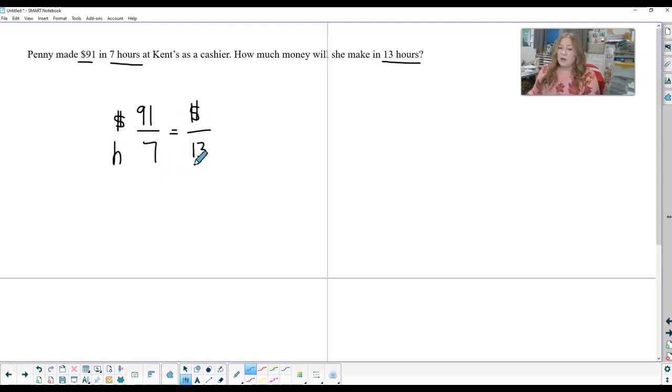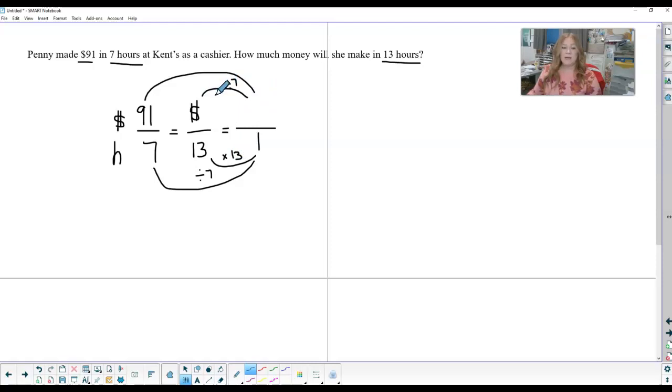So 7 does not go nicely into 13. So I could find the 1. If I know 7 to 1, I can divide by 7. So I can do 91 divided by 7. Then to get from 1 to 13, we times by 13. So I'll take how much she makes in 1 hour and times it by 13.